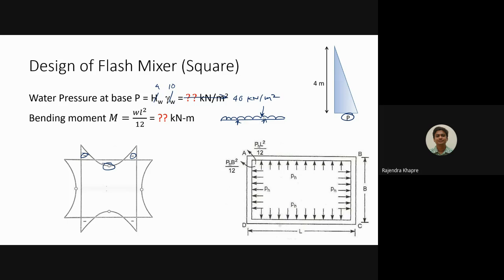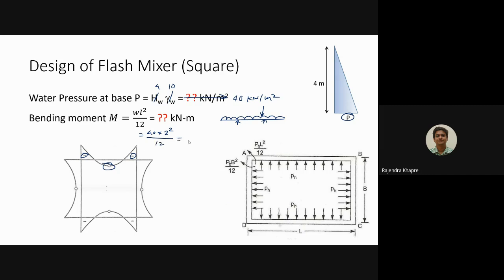So for this the maximum bending moment will be wl square by 12, isn't it? So here the value of this w will be 40, into length will be 2 square, because the length of each span is 2, divided by 12.